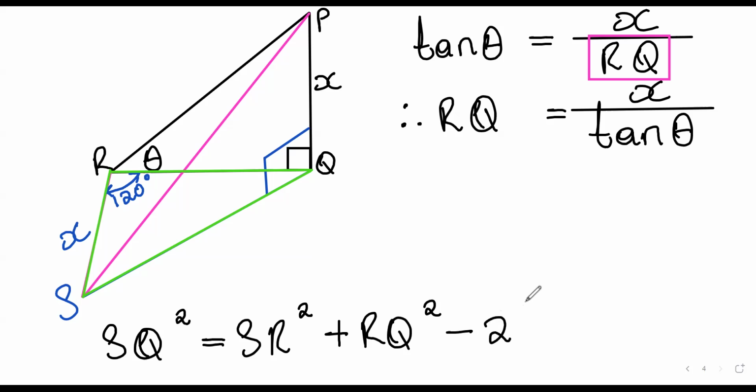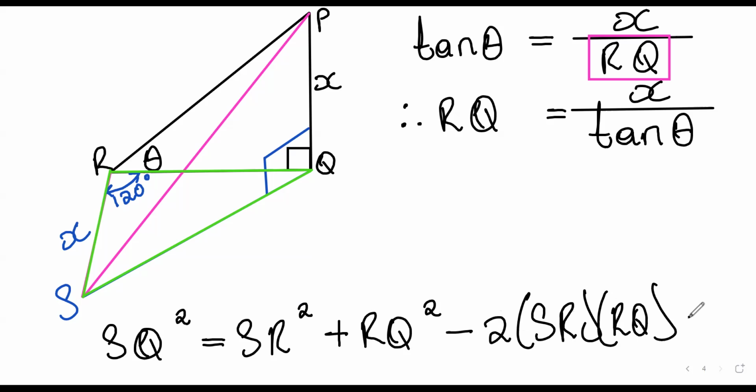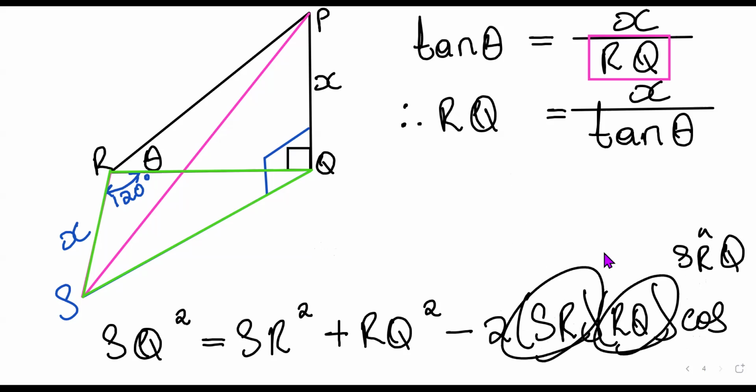Then we minus twice the product of those two sides. And we times this by the cosine of the included angle. In this case, the angle is SRQ, or you could have said QRS. The order is not really important.